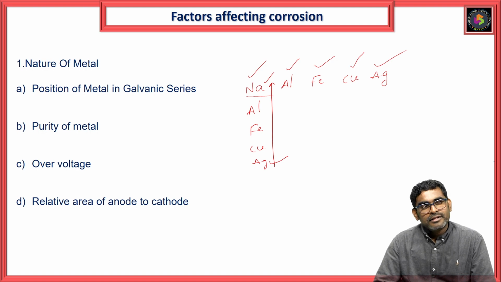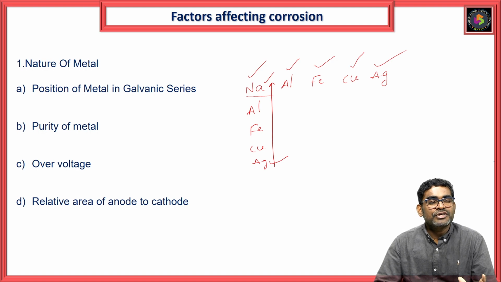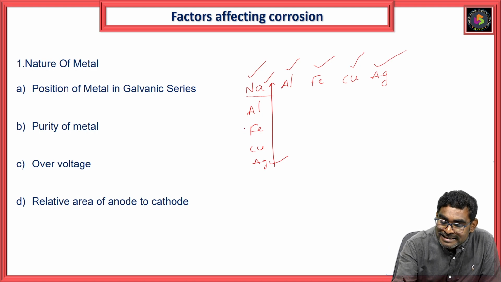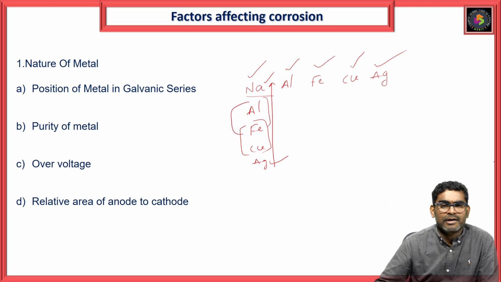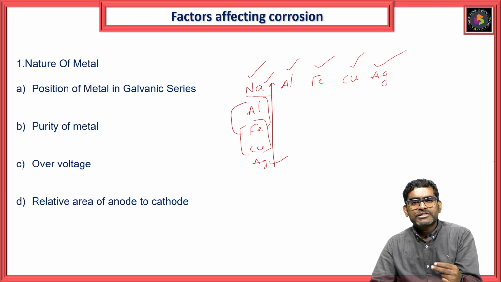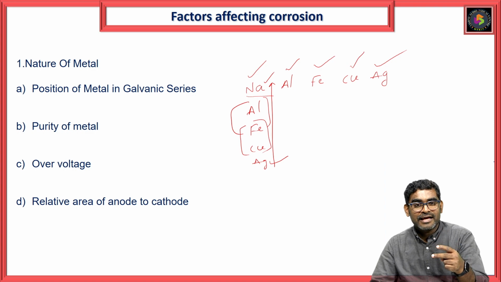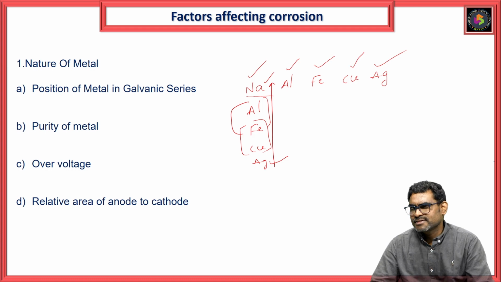And there are some situations where we have to use two different metals. In that case also, we should choose metals which are adjacent in the galvanic series, like aluminium and iron, or iron and carbon. Whenever we use two metals in combination, if the metals are adjacent in the galvanic series, obviously we can reduce the extent of corrosion. That is the idea.